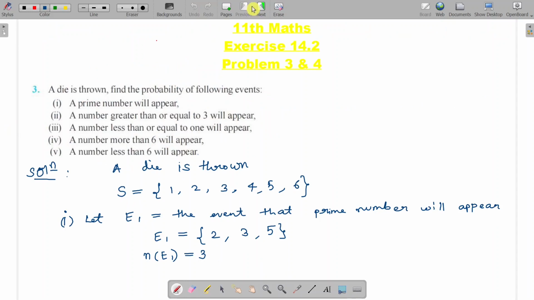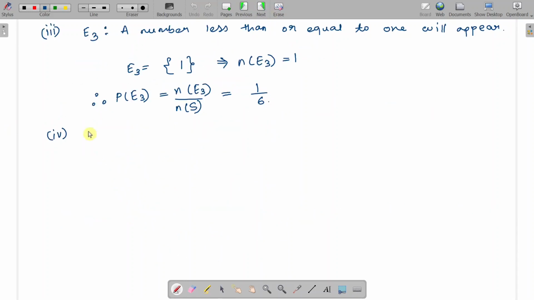Fourth is a number more than 6 will appear. So E4 is a number more than 4 will appear. So that is E4 is equal to 5 and 6, right?